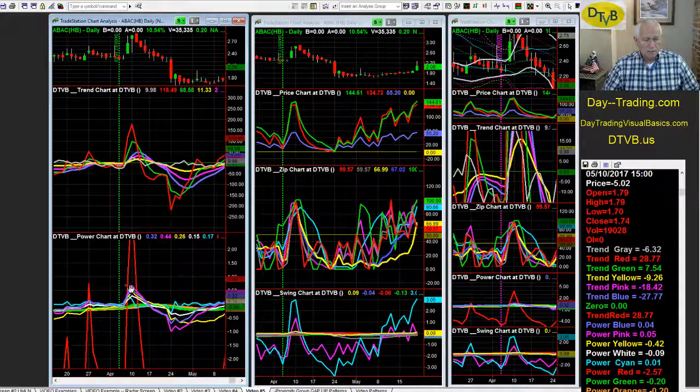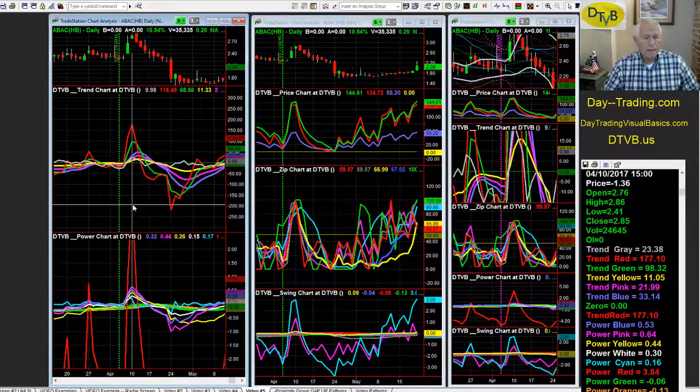And likewise, when you see here the power chart, remember, power pink is a deep cycle indicator along with power blue. They run together. Most of the time when pink is highest or pink is lowest, that's the peak. Because you have all of this other information that tells you it's a peak, you now know that pink is on a peak.